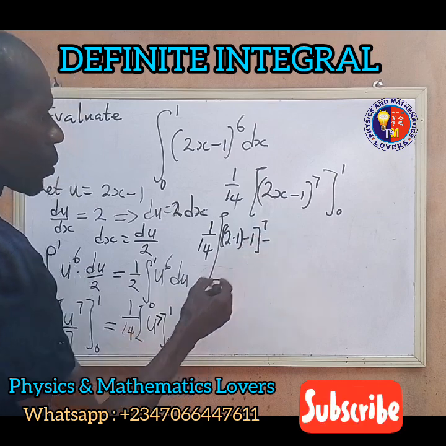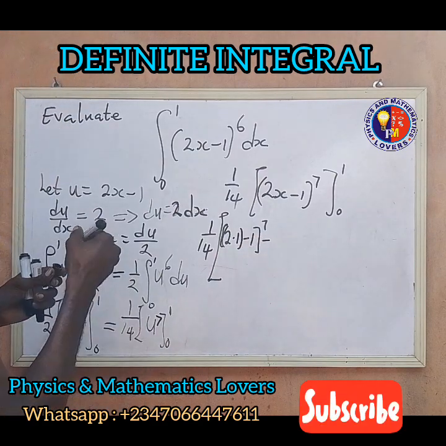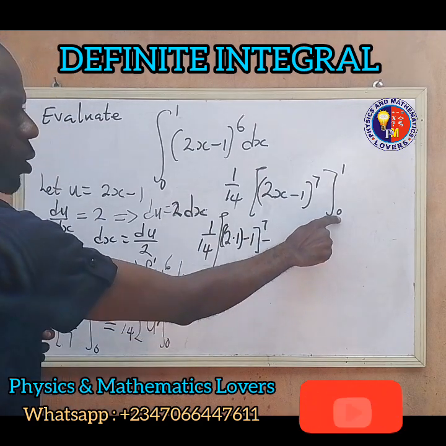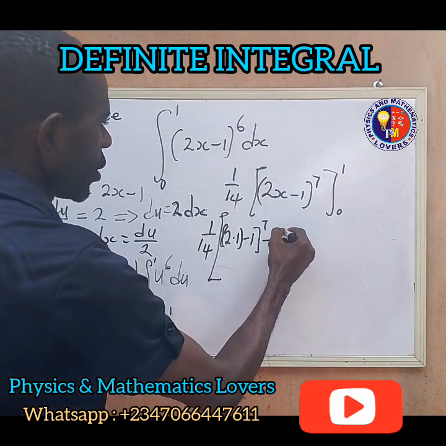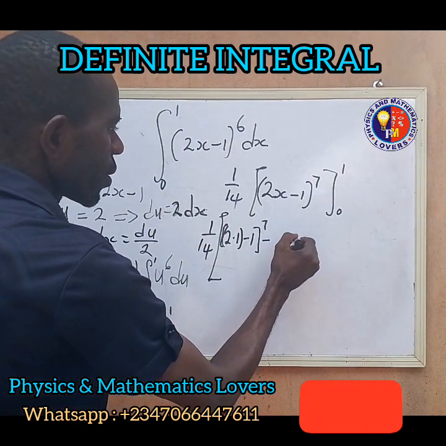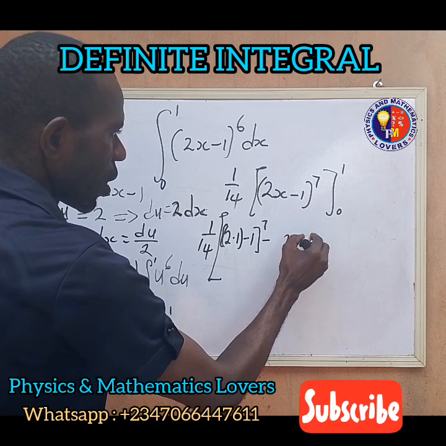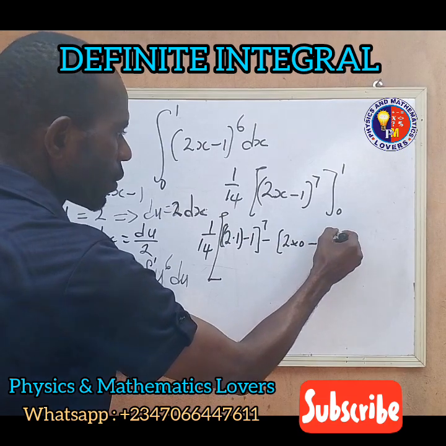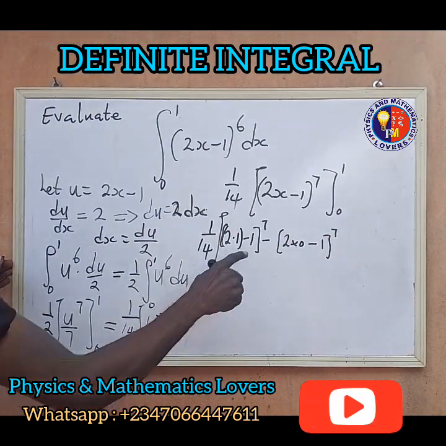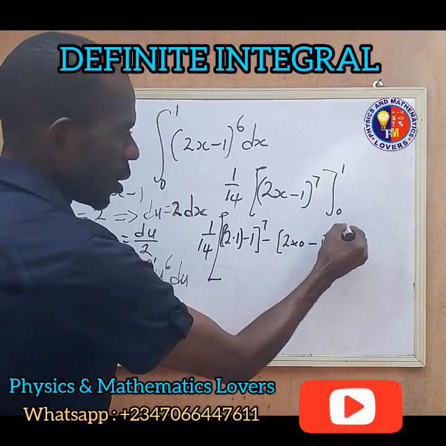Then minus, when x is equal to 0, we have 2 times 0, then minus 1, raised to the power 7.